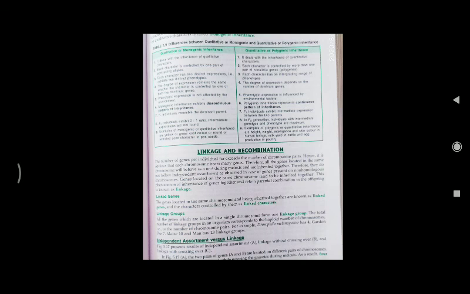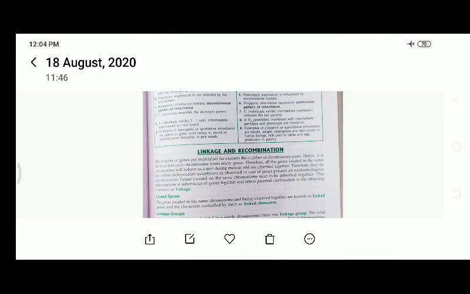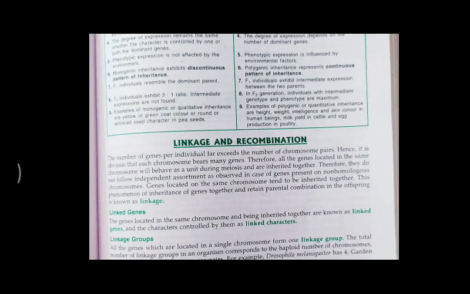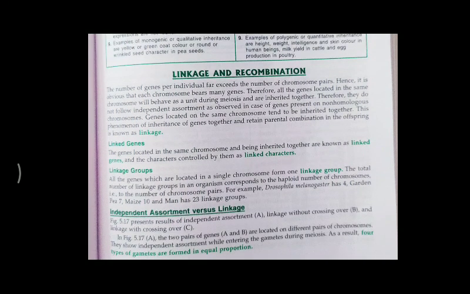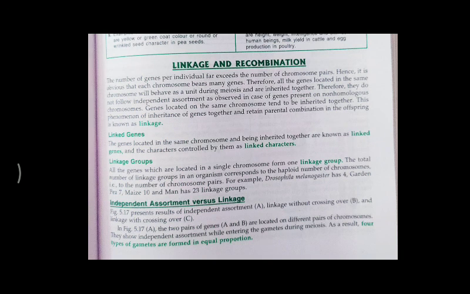Here, linked genes is the next heading. The genes located in the same chromosome being inherited together are known as linked genes. What are linkage groups? All the genes which are located in a single chromosome form one linkage group.